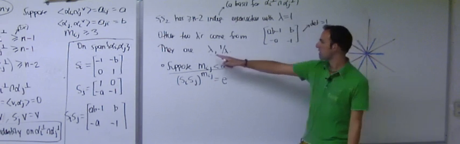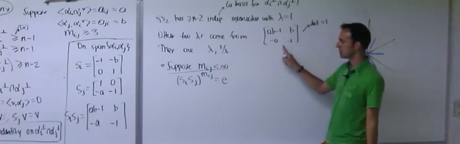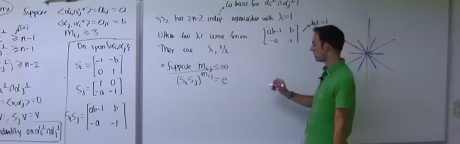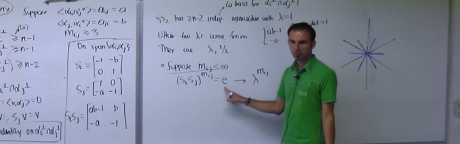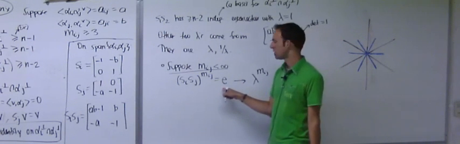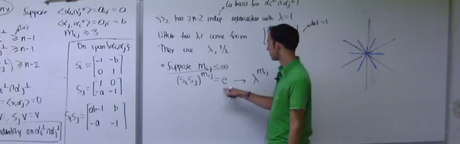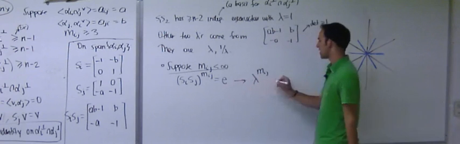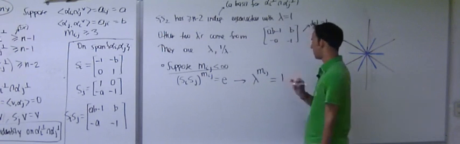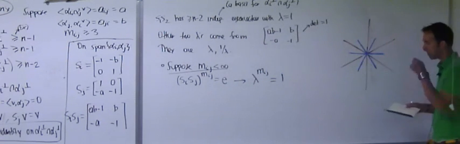So if lambda is an eigenvalue of this matrix, then lambda to the Mij is an eigenvalue of this matrix. But we know the eigenvalues of this matrix. It's the identity matrix, so 1. Okay.